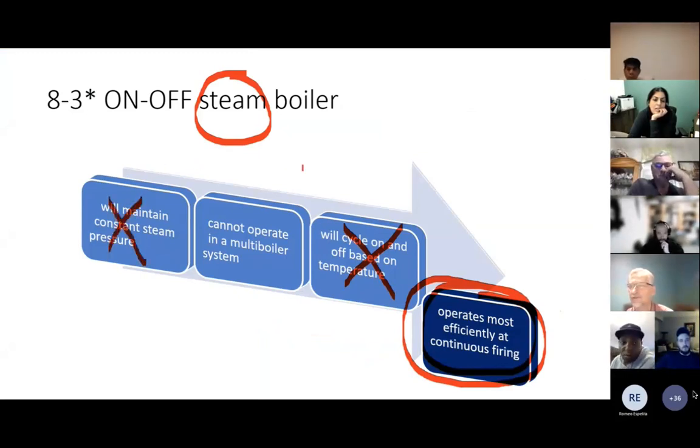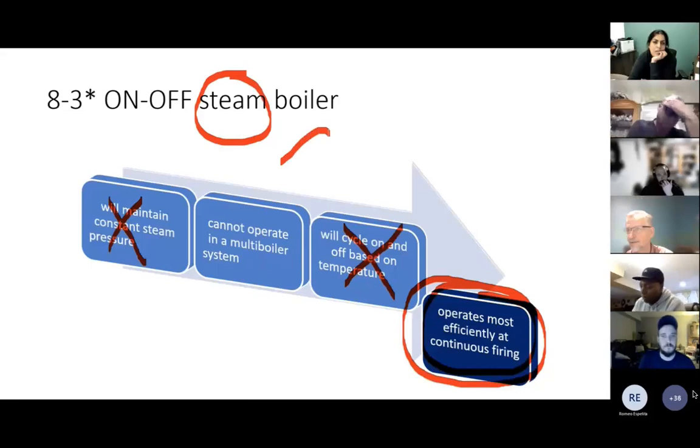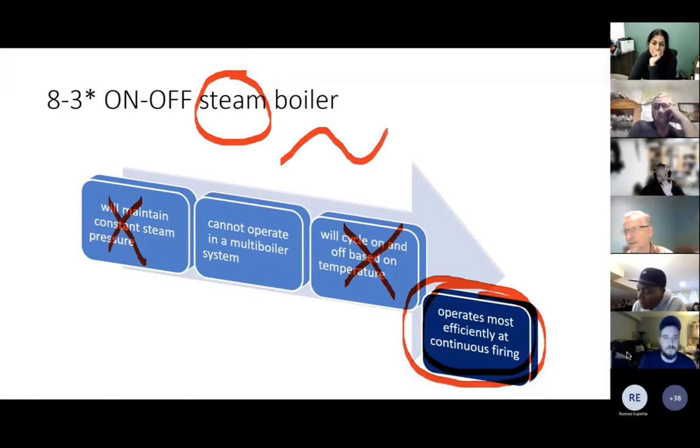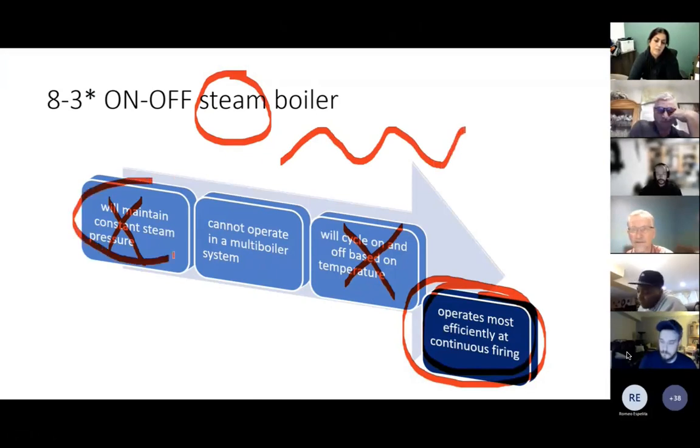The steam pressure will go up when the burner's on, and then the burner will shut off at the set point. The pressure will drop down, and then it will start up again when the pressure hits the cut-in point, and then the cut-out point, and then the cut-in point, and then the cut-out point. So that does not maintain constant pressure.